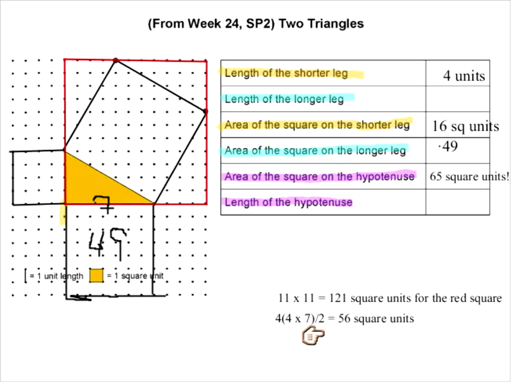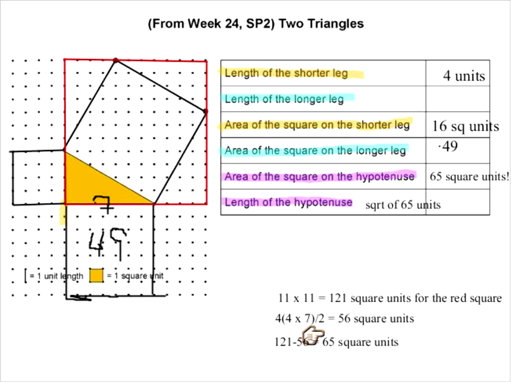And whatever 121 minus 56 turns out to be, which I believe is 65, that's the area of the square on the hypotenuse. And so the length of the hypotenuse is the square root of 65 units. That turns out to be a radical, and it's okay. We'll just leave it like that for now.